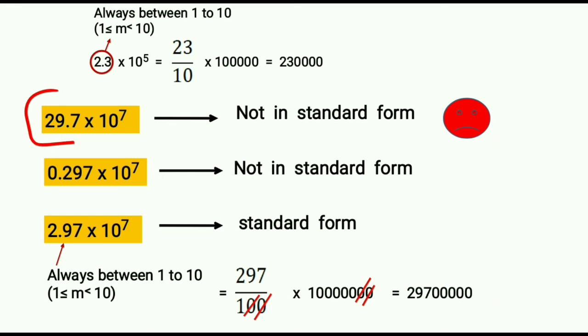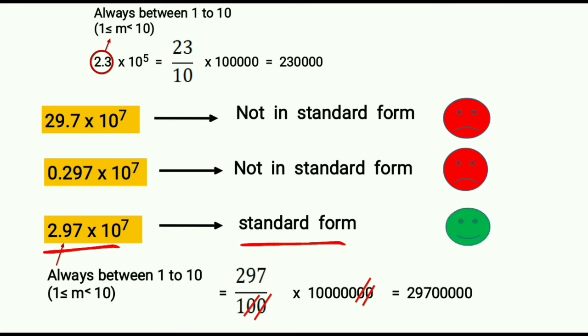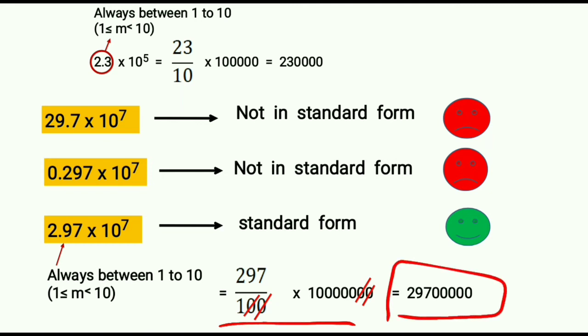Value of m does not lie between 1 to 10. Other number, that is this, is also not in standard form because value of m does not lie between 1 to 10. Next number is in standard form because value of m lies between 1 to 10 and it can be solved like this. After solving, we can get this number.